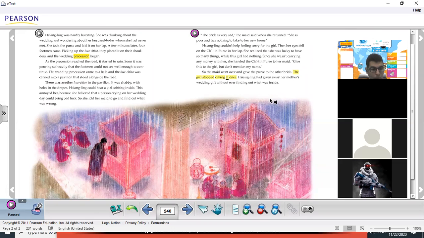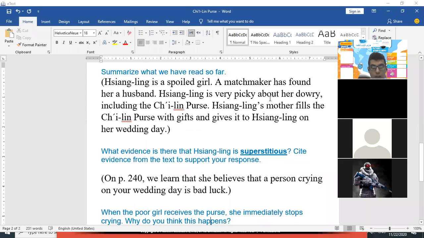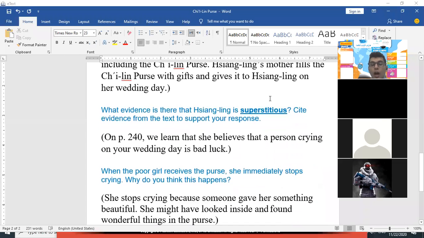Because Sang Ling has given away her mother's wedding gift without ever finding out what was inside. Your answer is not 100% correct, but it is correct. The other girl stopped crying because she got a Chi-Lin purse from Sang Ling. She stops crying because someone gave her something beautiful.